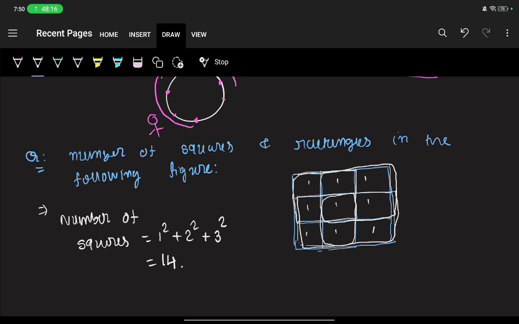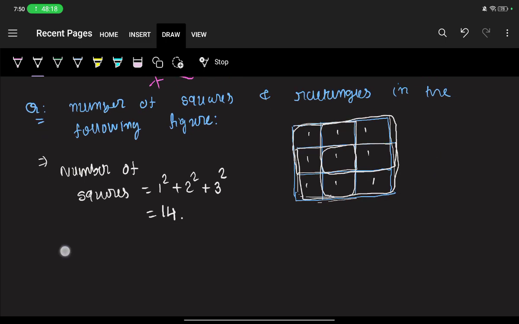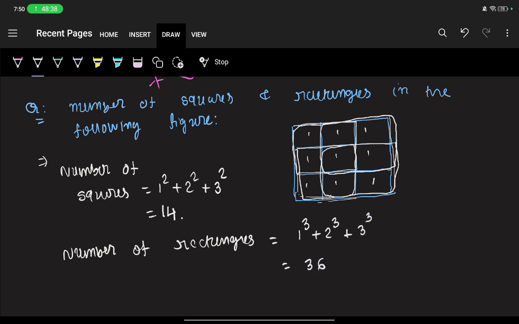And the number of rectangles can be written as 1 cube plus 2 cube plus 3 cube, okay? Is equal to 36 for rectangles, okay?